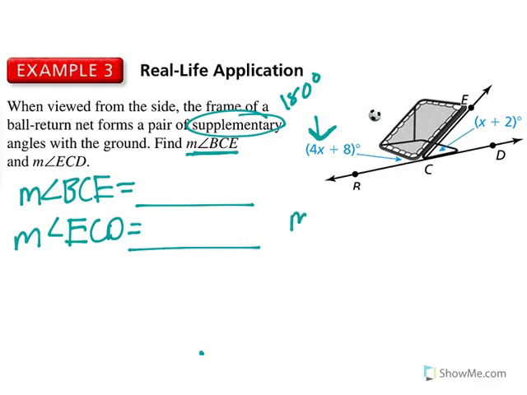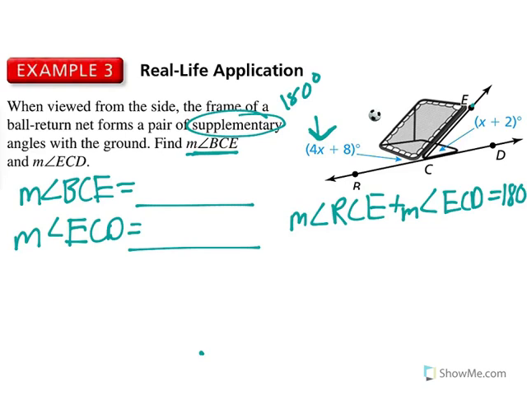I'm going to write the measure of angle BCE, and then my other point out here is E, plus the measure of ECD would equal 180. Then I can just substitute it in. It's very important to be able to write these types of equations out, and then plug in so that way you know what you're solving.